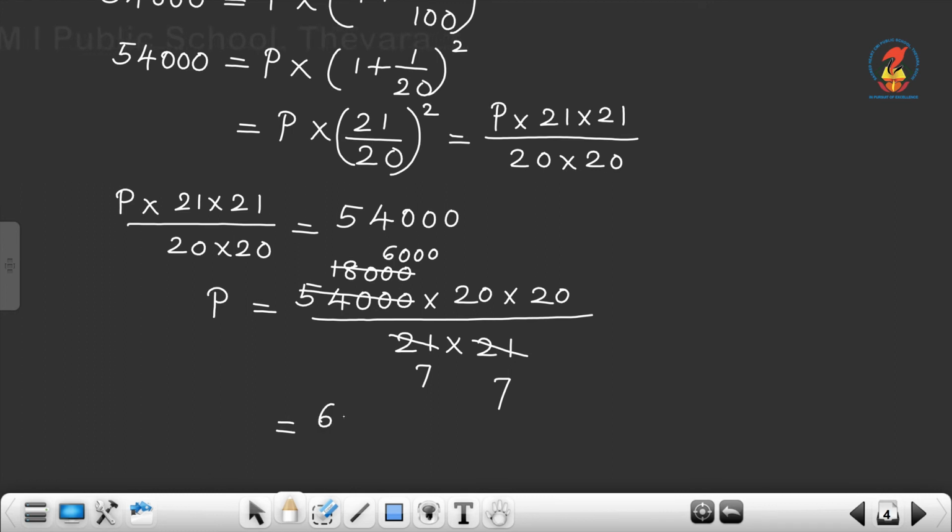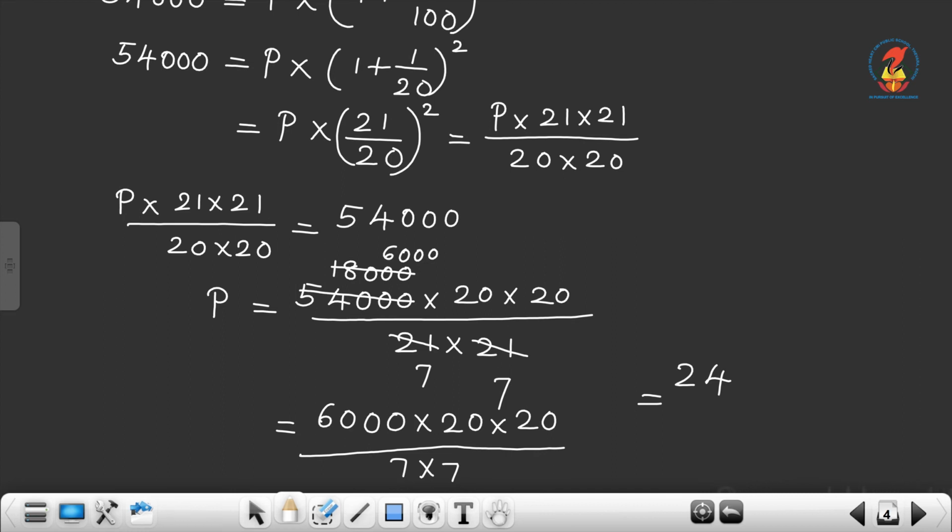So you will get 6,000 into 20 into 20 divided by 7 into 7. So which is equal to, 6 into 2 is 12, 12 into 2 is 24. Then after that we have 5 zeros, 2 3 4 5. The whole divided by 7 into 7, 49.